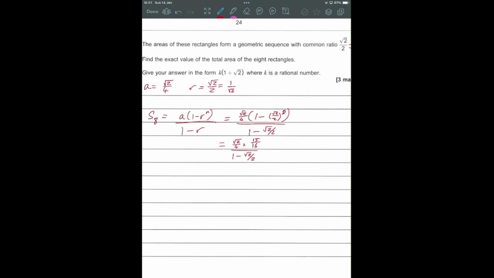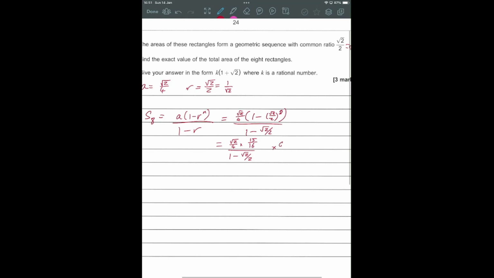The thing I hate the most right now is the fractions. So I want to get rid of all of those fractions at the same time. I'm going to multiply by 64 over 64, because that's how to get rid of those top fractions. Doing that, my numerator is simple, and my denominator times that by 64.